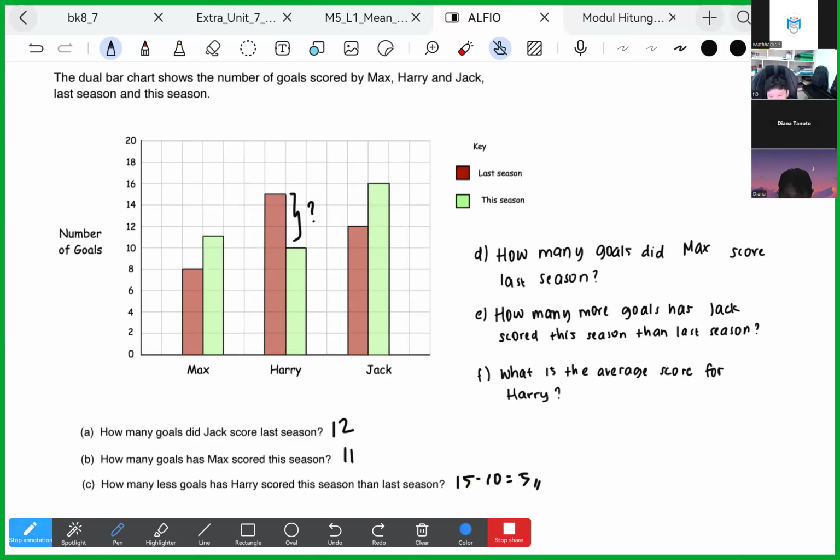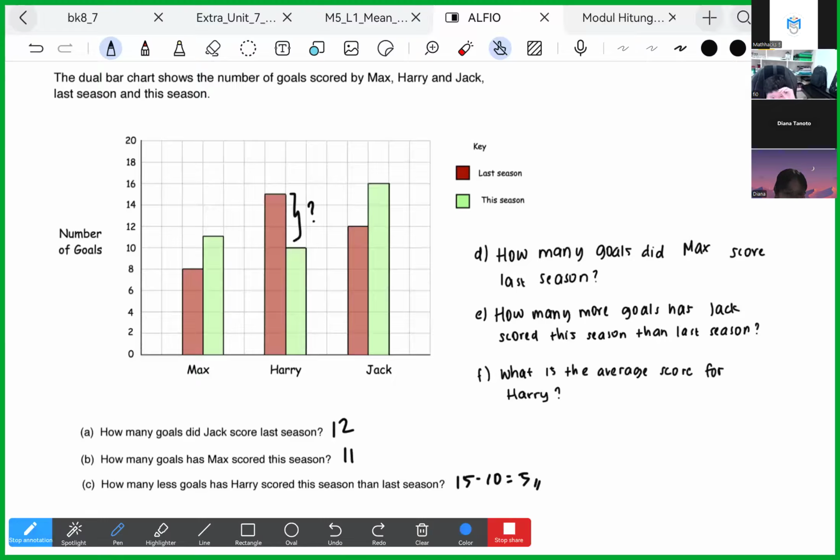Okay, what do you mean by average score? So average score, you need to add the last season with this season and divide them by 2. 5.